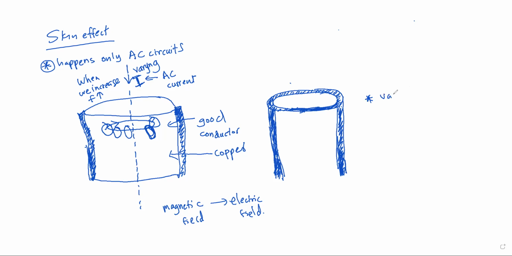So the varying current generates varying magnetic fields. Right? So the magnetic fields generate eddy currents around it.